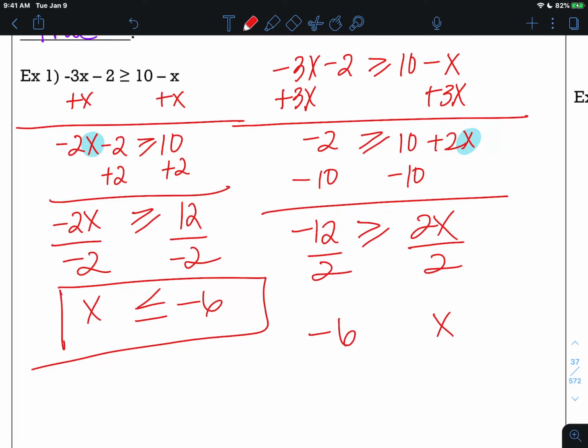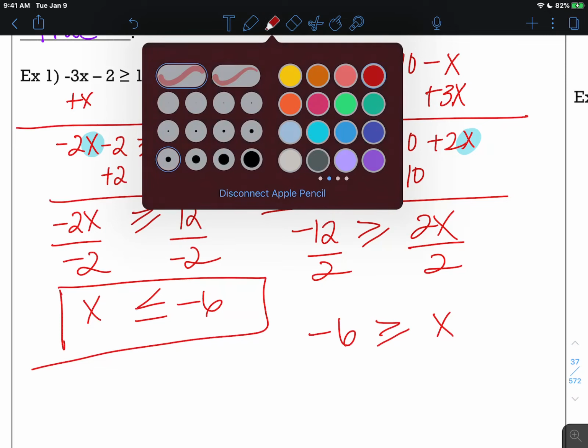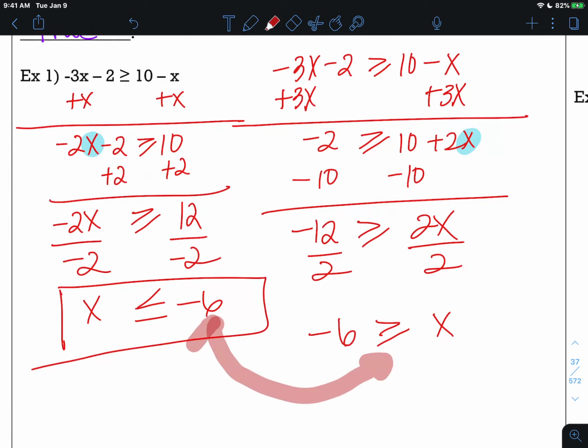And I end up with this. And I ask myself, did I multiply or divide by a negative number? No. Okay. Now, if you notice, these two are mirrors of each other. So if I use my eye and I look in this direction, it should look exactly like it would from that direction.